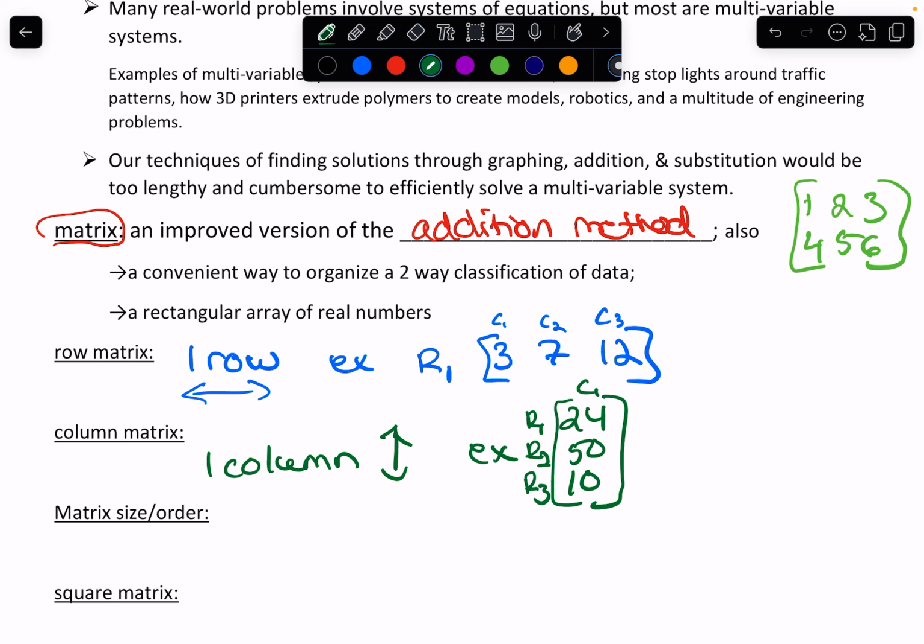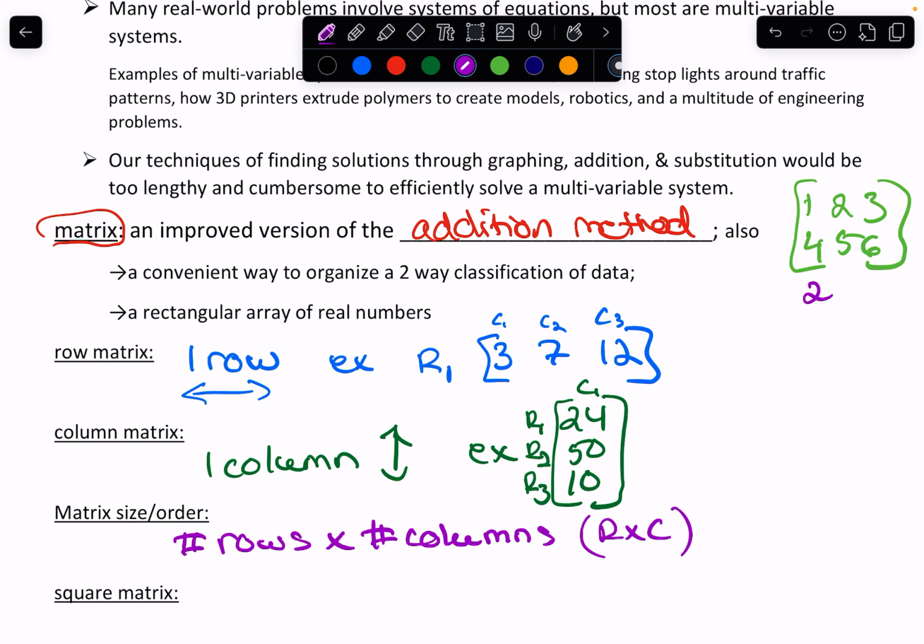Matrix size and order is the number of rows by the number of columns, so R times C. For example, the original one that we did here has 2 rows, row 1 and row 2, and 1, 2, and 3 columns.